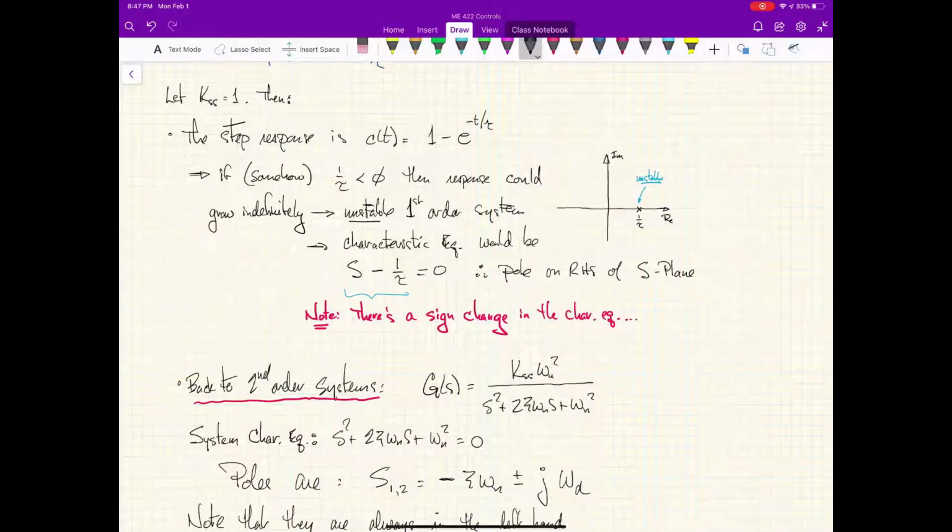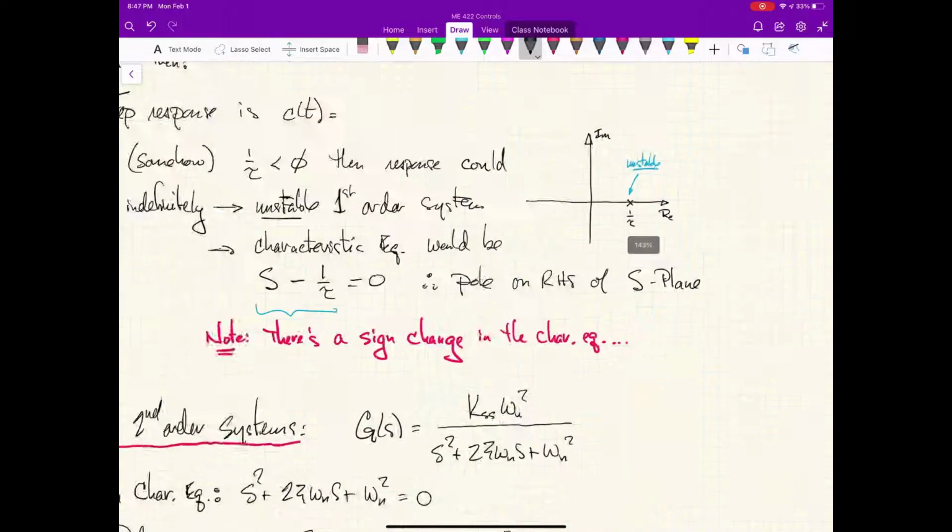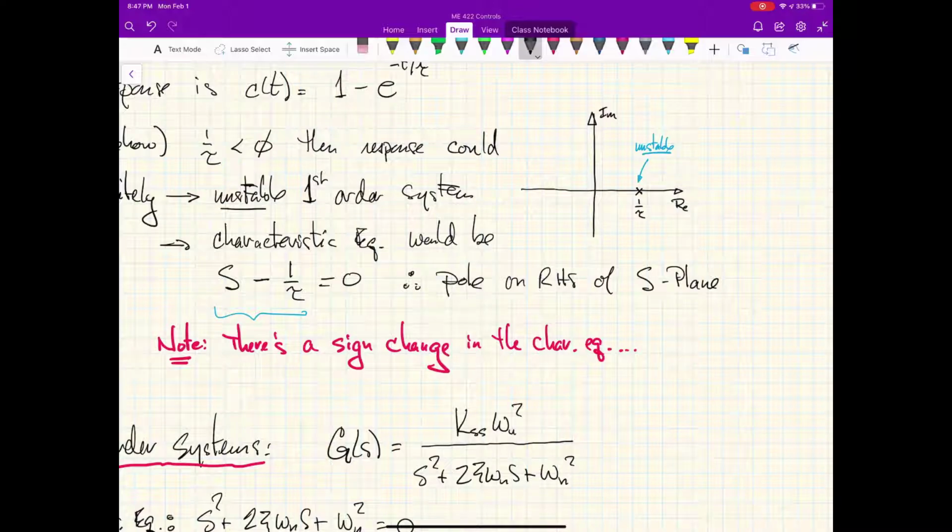And more importantly, the pole of that characteristic equation would be on the right-hand side of the S-plane. And the characteristic equation itself would be S minus 1 over tau equals 0. And so these are two great hints that our system is going to be unstable.